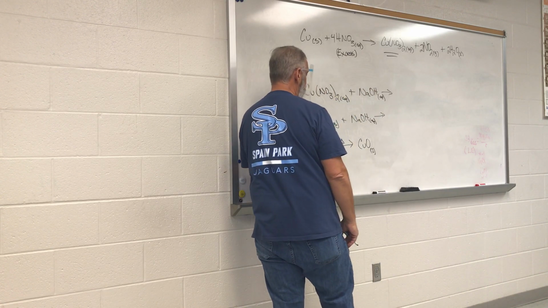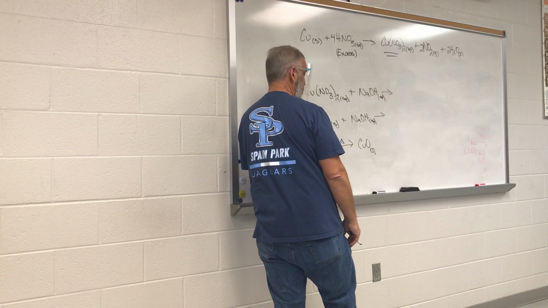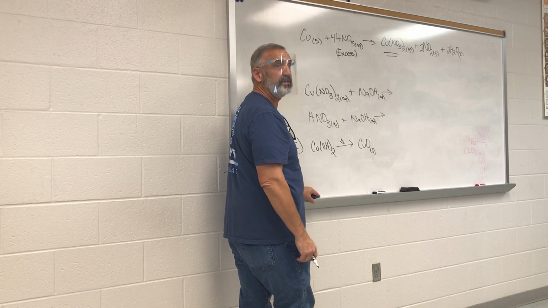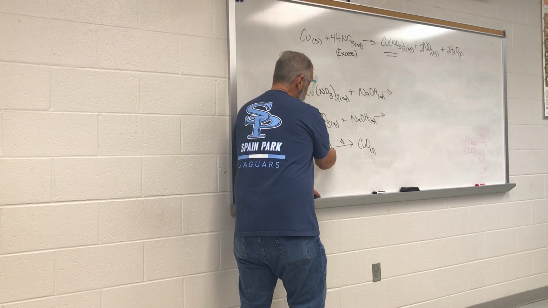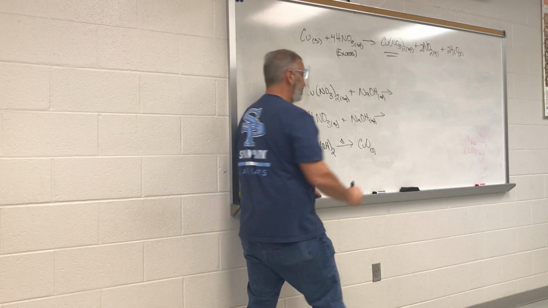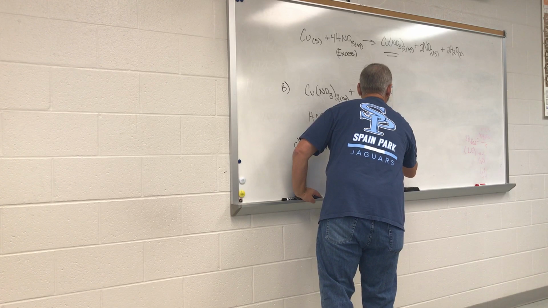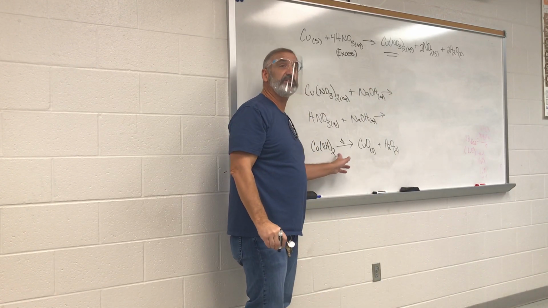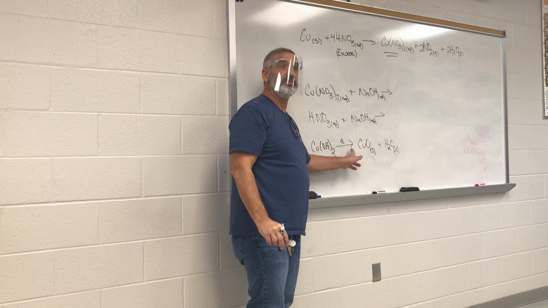What would be my other product? Hydrogen and OH are always going to come together probably to make water. Notice you've got two H's, two O's. We used one O. That leaves H2O left over. Metallic hydroxides, when heated, decompose into metallic oxide and water.